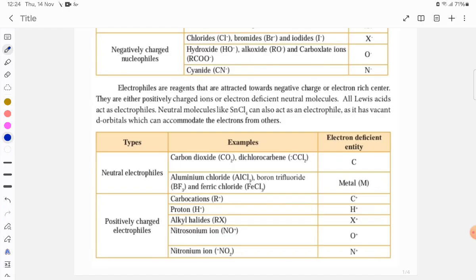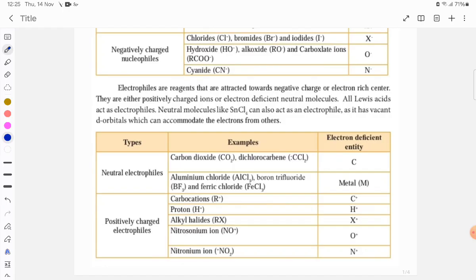These are all called neutral electrophiles, because in these molecules the metals are electron deficient, for example aluminum, boron, and iron. These three elements are electron deficient, so these molecules are neutral electrophiles. So these molecules act as Lewis acids.